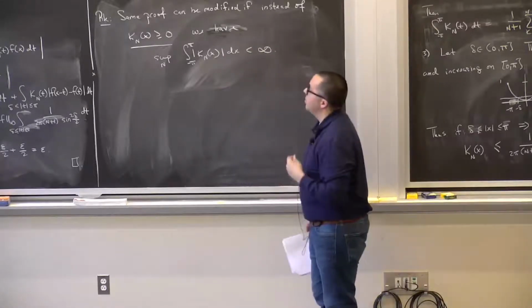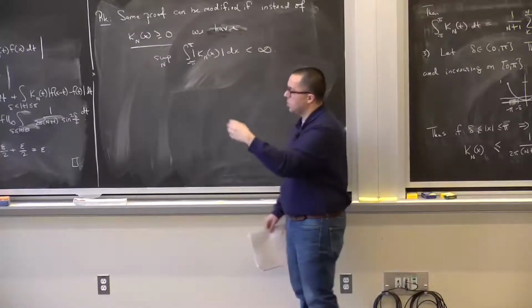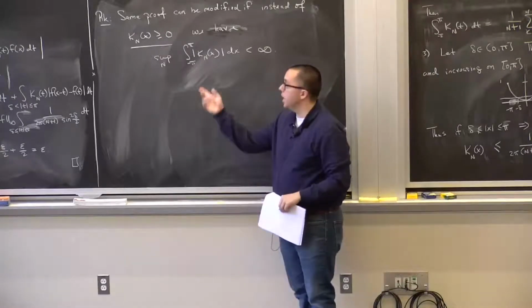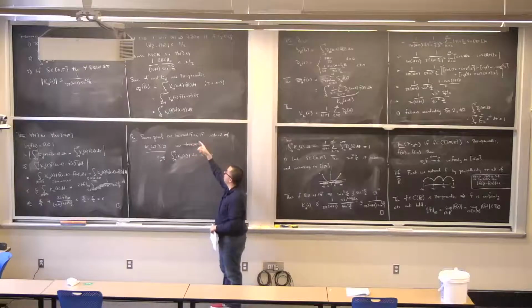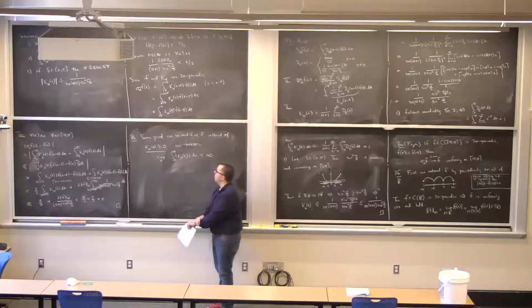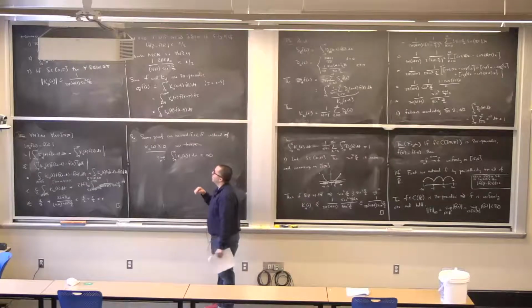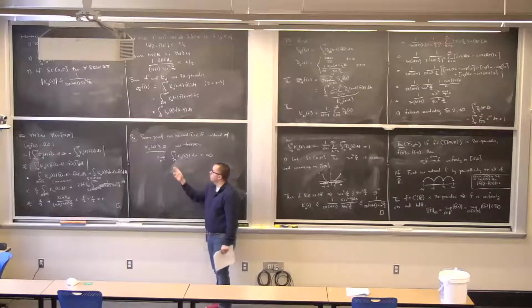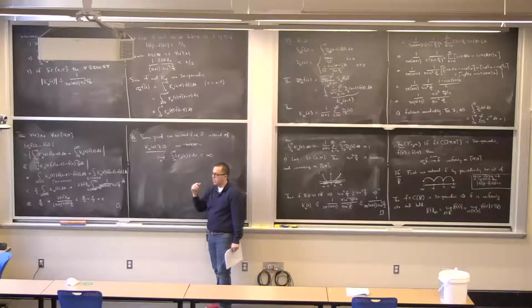Meaning, if I have a sequence of functions, kn's, and I have the corresponding operators that look like that, maybe they're not associated to any questions about Fourier analysis, but I'm just saying. And it satisfies the 3 properties I had before, with the exception of being non-negative, but instead of that, it satisfies this property. Then I can redo the same proof and show that those things converge to f uniformly.